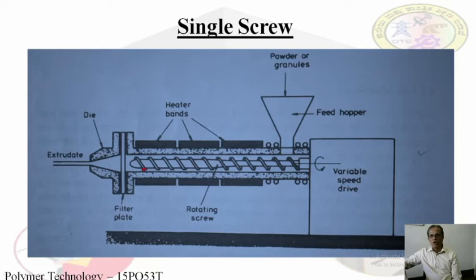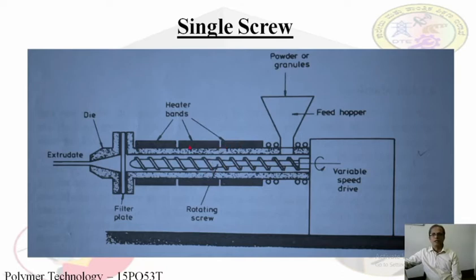It is a hollow one in which a well designed screw is placed like this. There is a driving mechanism on this end of the screw. Variable speed drive is available. With the help of this, the screw is made to rotate at a certain constant speed.